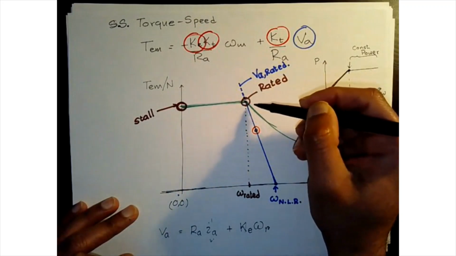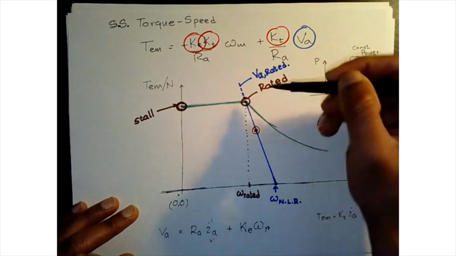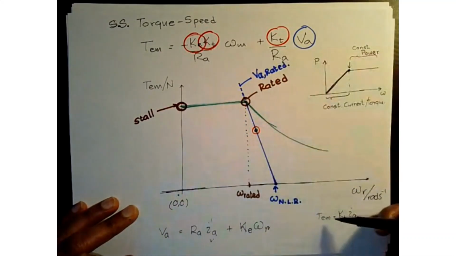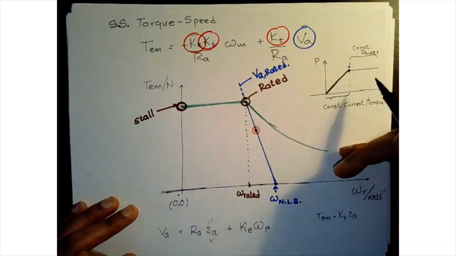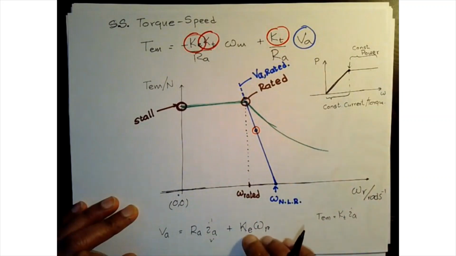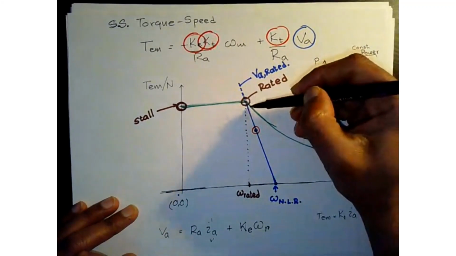If you want to move slightly further from here, we will change Ke to a smaller value. Because we lowered Ke, we have more voltage, or our back EMF will decrease. However, our torque will decrease too.